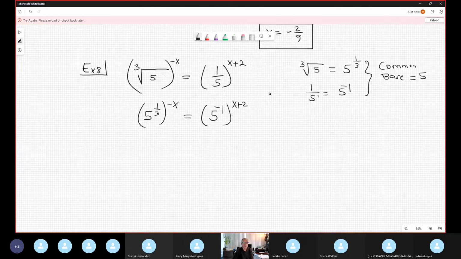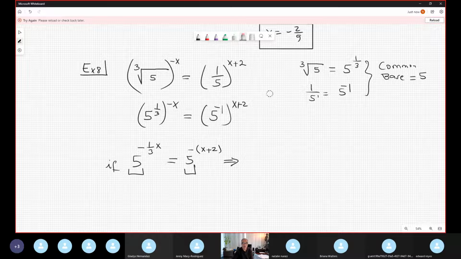You multiply, you have minus 1/3 x. The base stays, you multiply this and this. And the other side is 5 to the minus 1, raised to x plus 2.